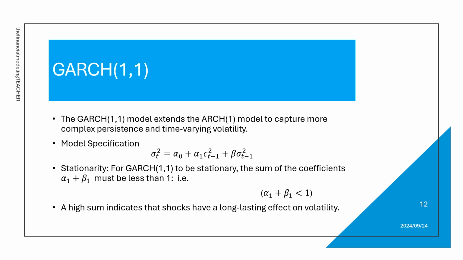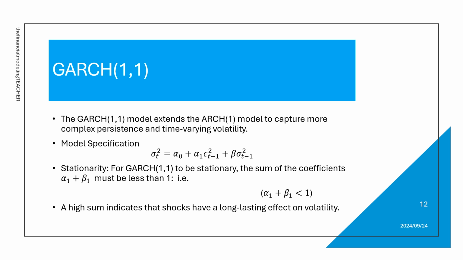The GARCH(1,1) model is an extension of the ARCH model, in the sense that it now captures a more complex persistence. This is achieved by adding an additional parameter or coefficient, beta.